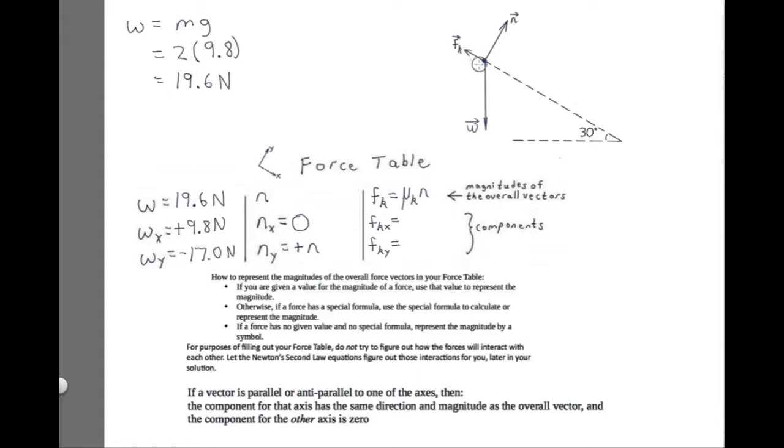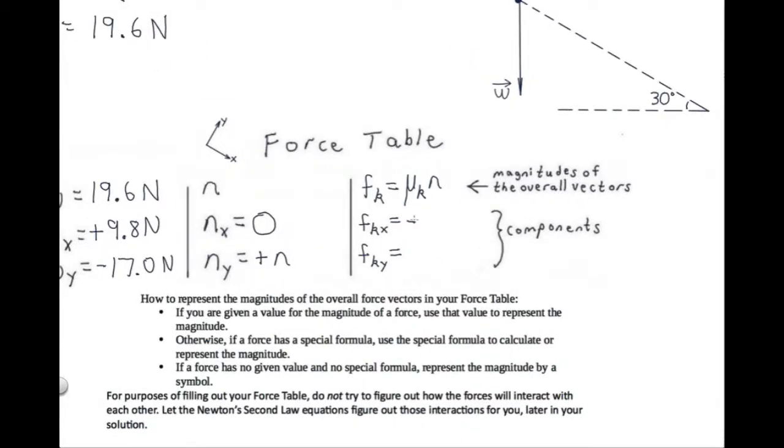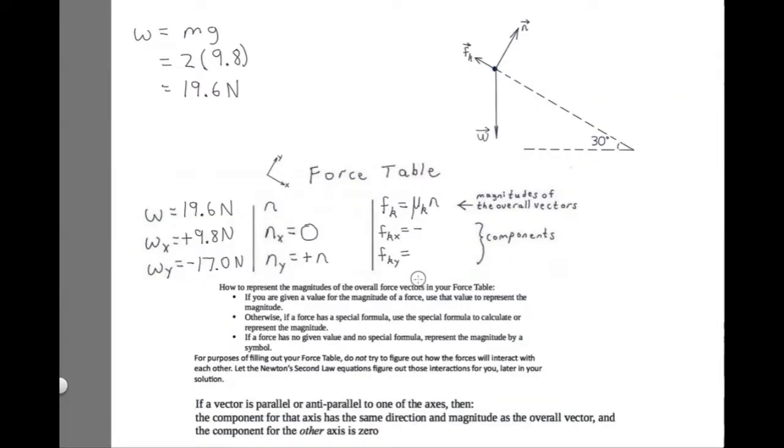Well, our overall vector here is pointing in the negative x direction. So we should say here that this kinetic friction is going to be negative. And now the magnitude of the x component should be the same as the magnitude of the overall vector. Well, we are representing the magnitude of the overall vector by the algebraic expression mu k times little n.